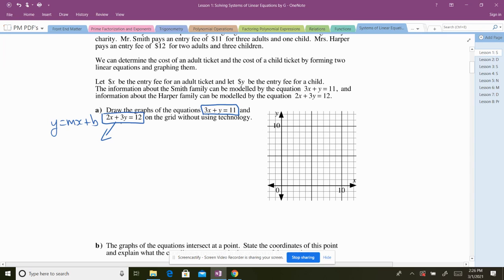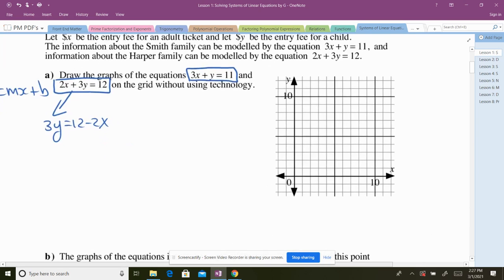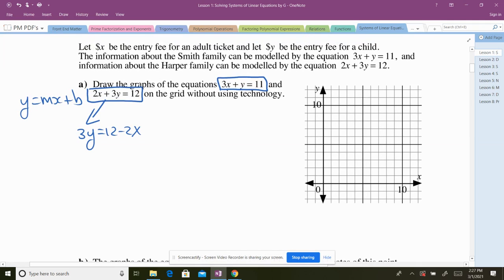So for this first one here, I'm going to move the 2x over to the other side. So I get that. And then I want y equals, not 3y, so I'm dividing the 3 off of everything. I get y is equal to 4 minus 2/3 x.